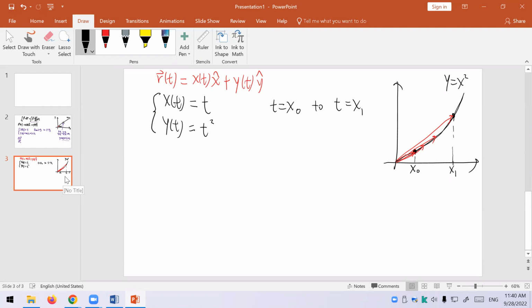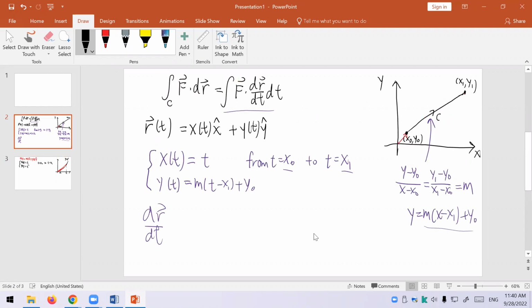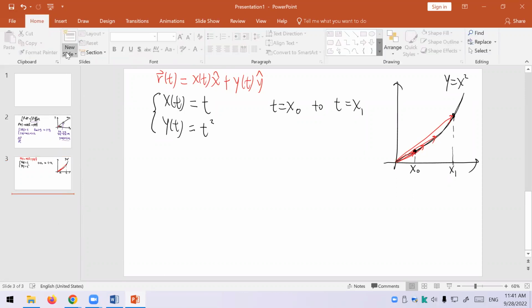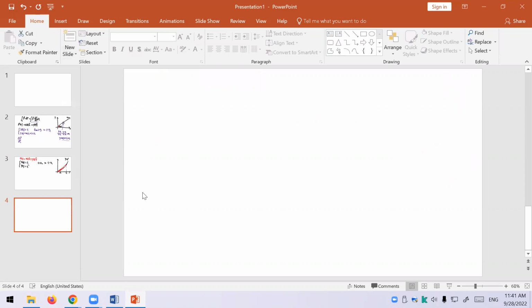In the tutorial problem, you'll see that the first problem you do is an integration over a straight line, the second is over a parabola, and the third one will be over a semicircle. So let me draw a full circle like this.